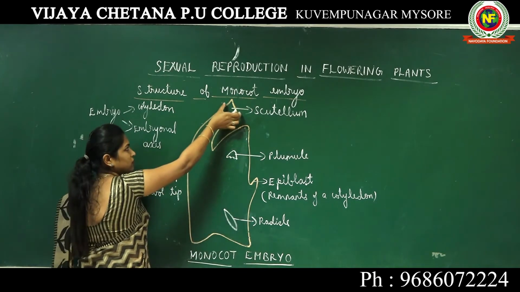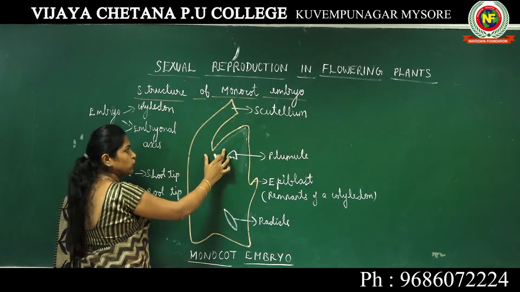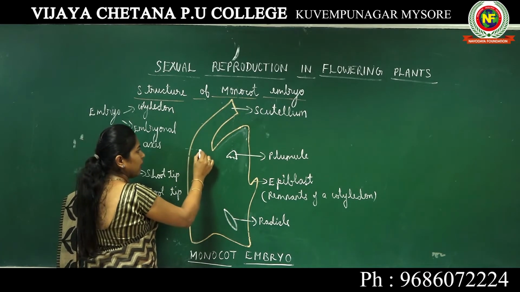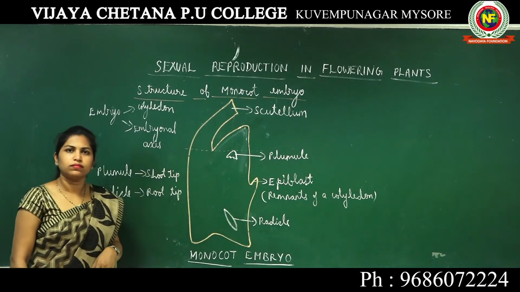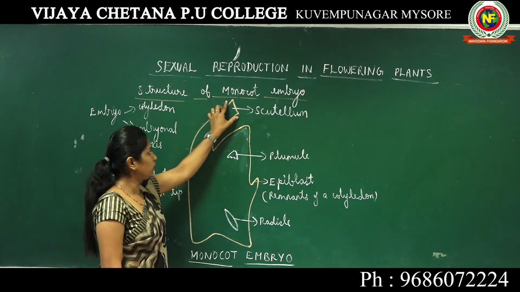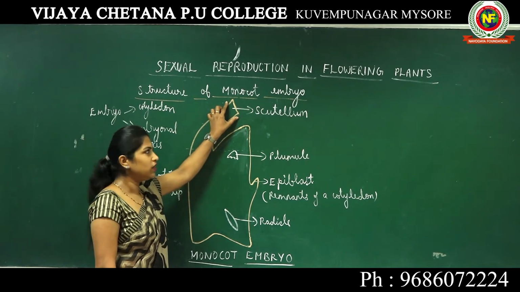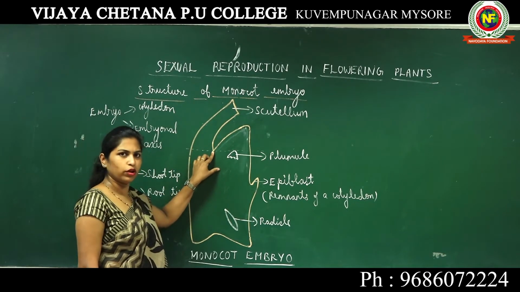Now, this cotyledon or scutellum is attached to the embryonal axis at this particular region. If you look into this region, the scutellum, which is a cotyledon, is attached to the embryonal axis at this particular location.